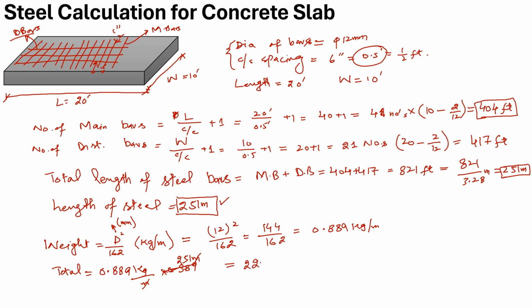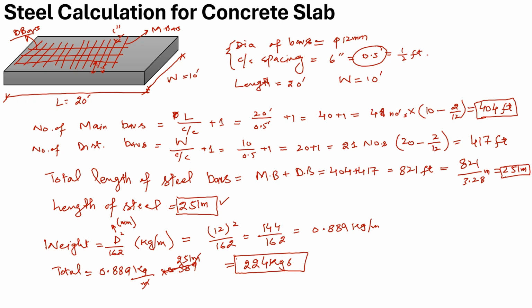Let us say this is 224 kgs. So you will need a total steel weighing 224 kilograms for the construction of this slab, whose length is 20 feet, width is 10 feet, diameter of bars used as main bars is 12 millimeter, and the center to center spacing of both the main and distribution reinforcements is 6 inches.